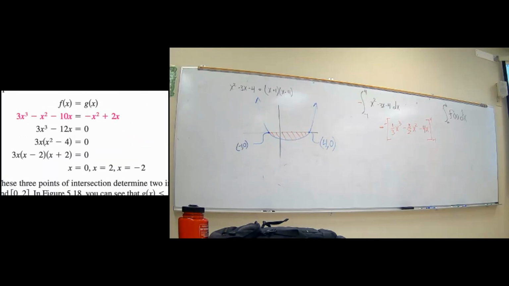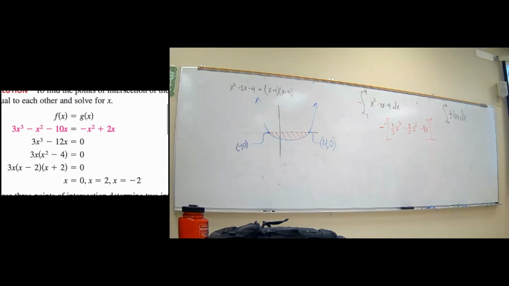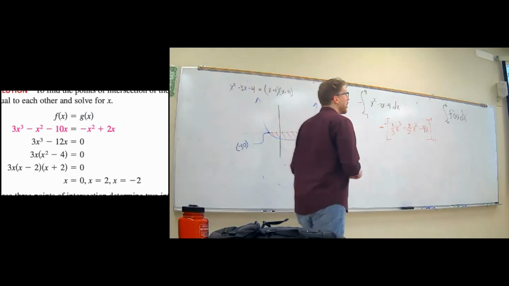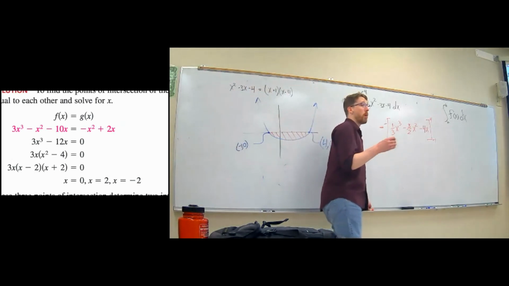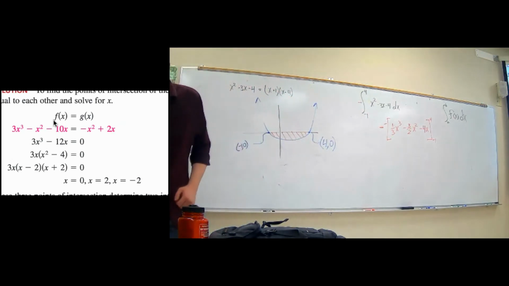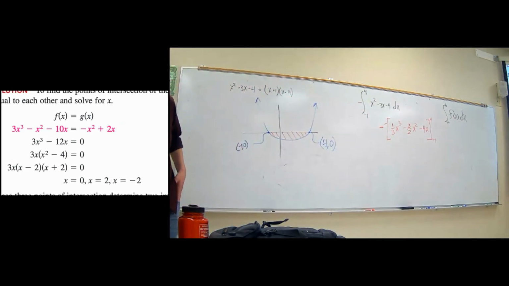So the way to go about this is we set our two functions equal to each other to figure out what these intersecting points are. We say, cool, what happens between these two first intersections? Which function's above, which function's below? Cool, what happens between these two intersections? Which function's above, which function's below?